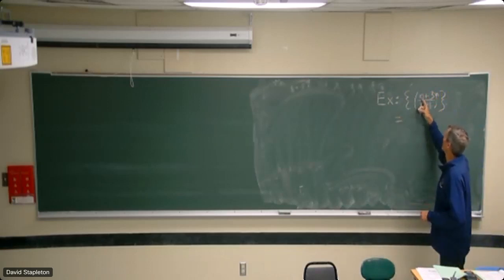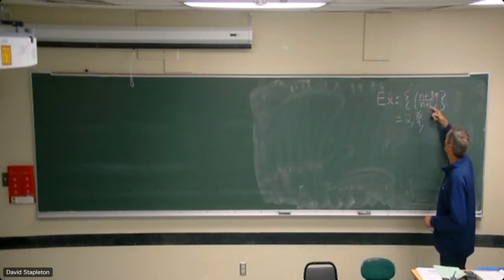You put in n equals one and you get 4 over 2, which is 2. Then you put in 2 and you get 5 over 3 squared, which is 25 ninths. Put in 3, 6 over 4 is 3 halves cubed, which is 27 eighths.